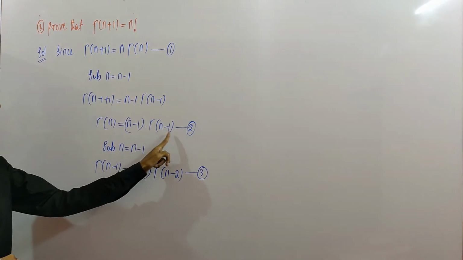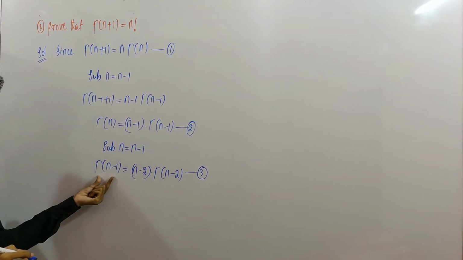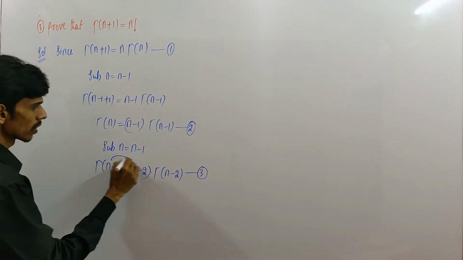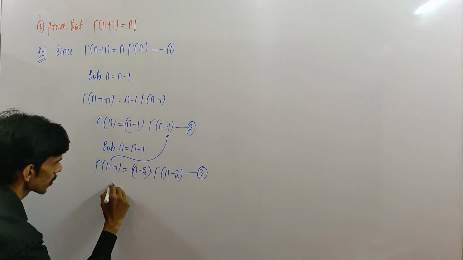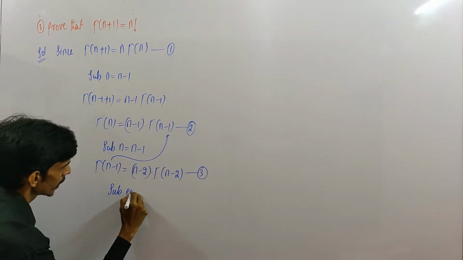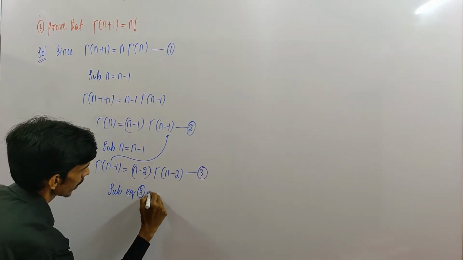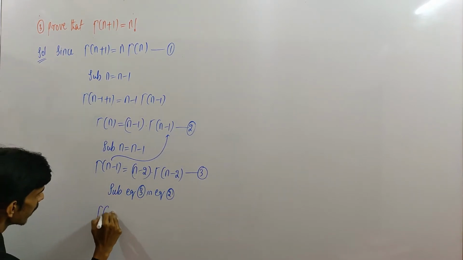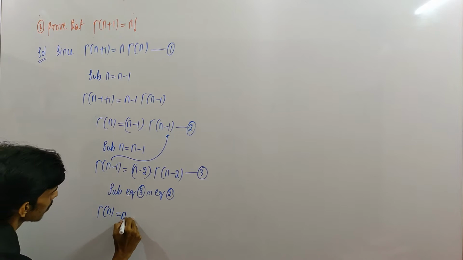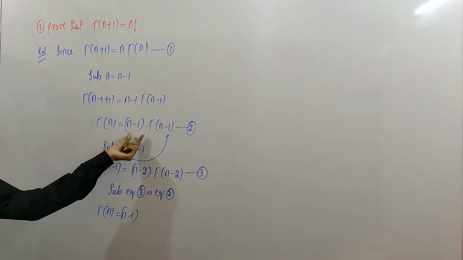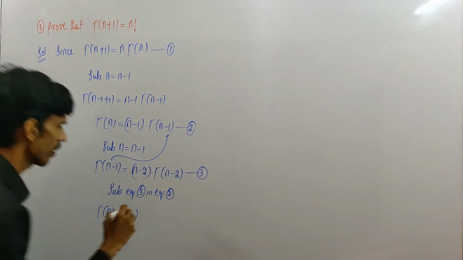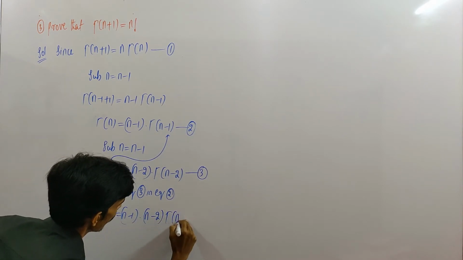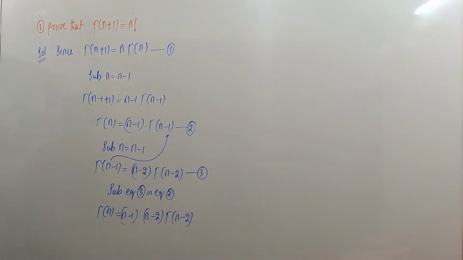Here we have gamma of n minus 1. From this gamma of n minus 1 value is this, so substitute this value here. Substitute equation 3 in equation 2. We have gamma of n as n minus 1 into gamma of n minus 1, so we have into n minus 2 gamma of n minus 2.